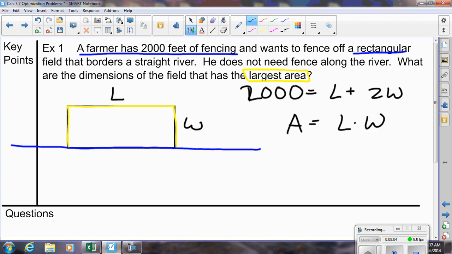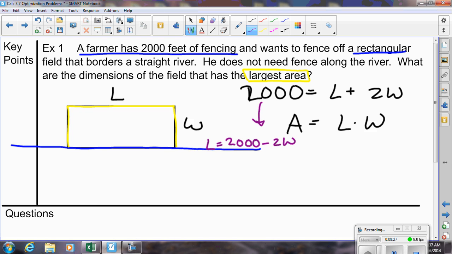Well, whenever possible, we want a single variable. We have these two equations. Let's plug one of them into the other. In particular, L from here, we'd be able to say L is equal to 2,000 minus 2W.